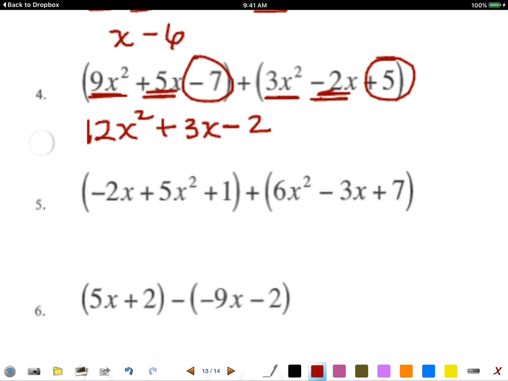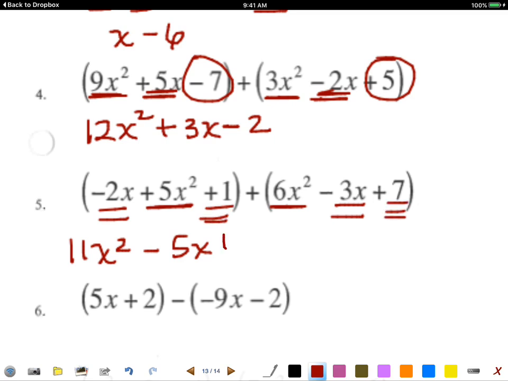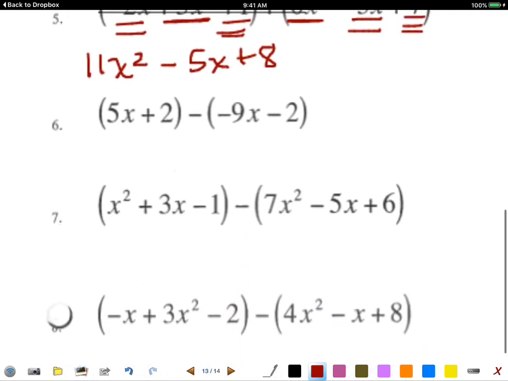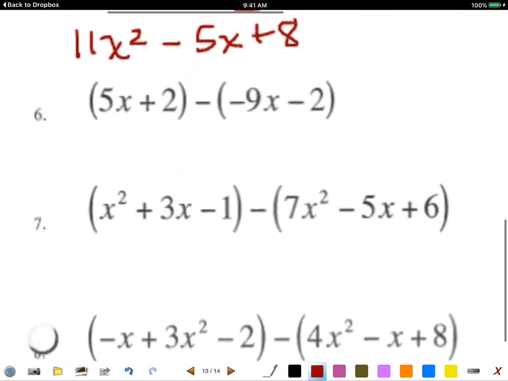Okay, so hopefully you started out with the positive 5x squared and the positive 6x squared, and you got 11x squared minus 5x plus 8. Negative 2x and negative 3x would be negative 5x, and 1 plus 7 is 8. Very good. Okay, now we're going to get to one with a subtraction in the middle.